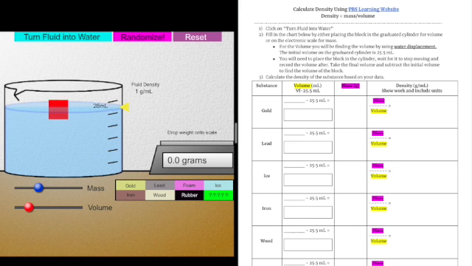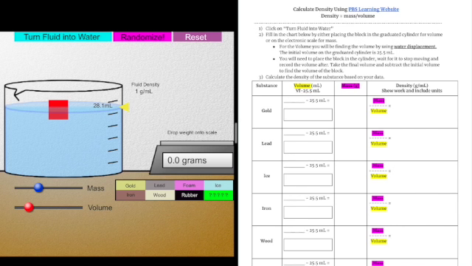It says fill in the chart below by either placing the block in the graduated cylinder for volume or on the electronic balance for mass. For volume, you'll be finding the volume using water displacement. The initial volume in the graduated cylinder is 25.5 milliliters, and you can see that's already filled in for you in the box for each of the substances.